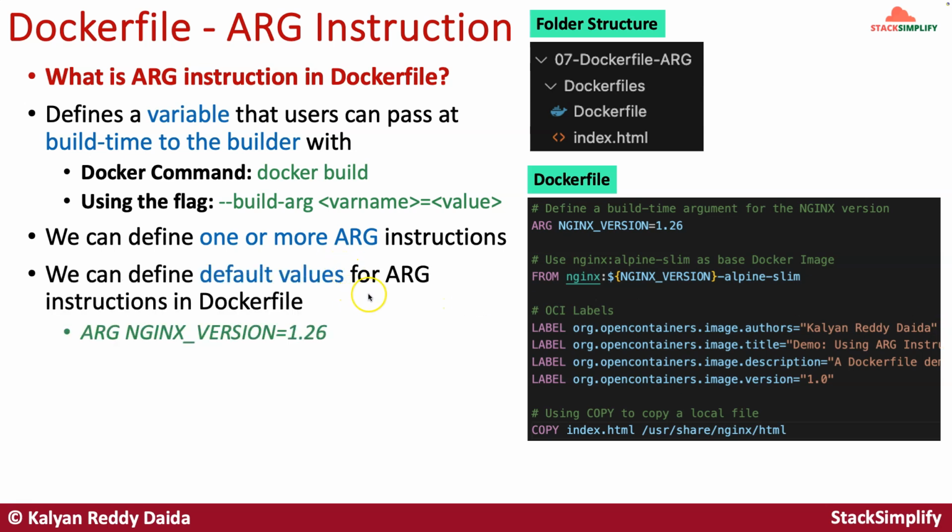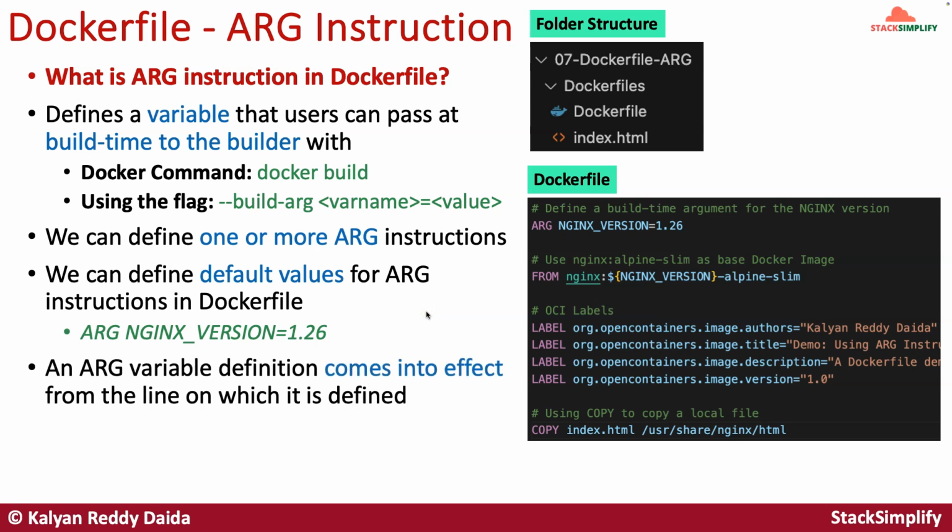So we can define default values for arguments using ARG instructions in Dockerfile. Whatever you define in the Dockerfile becomes the default value. And an argument variable definition comes into effect from the line on which it is defined. So you have defined it at this place and automatically it comes into effect from this place in the Dockerfile.